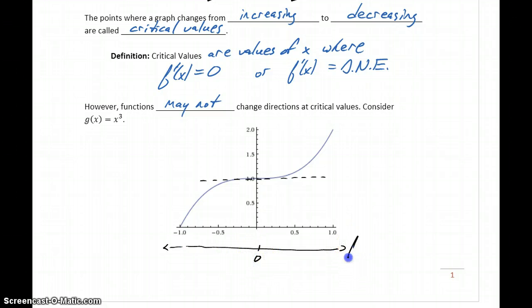So at x equals 0, our first derivative is going to be equal to 0. And if we look at what's happening on either side of that critical value, as we approach 0 from the left, our function is increasing. As we continue from 0 on to positive infinity, our function is still increasing.